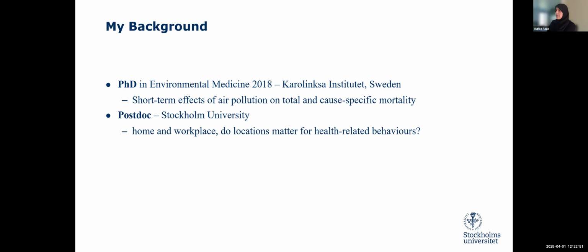So to begin with, I have a PhD in environmental medicine, and my PhD work was more on short-term effects of air pollution on total and cardiorespiratory mortality, out-of-hospital cardiac arrest, and cause-specific morbidity. Then I have a postdoc from Stockholm University, where we looked at how the location of home and workplace matter for different health-related behaviors.